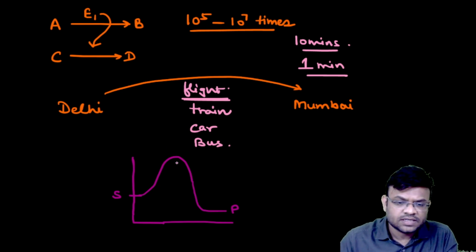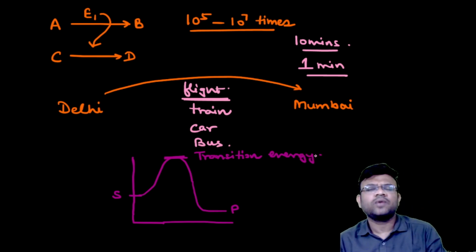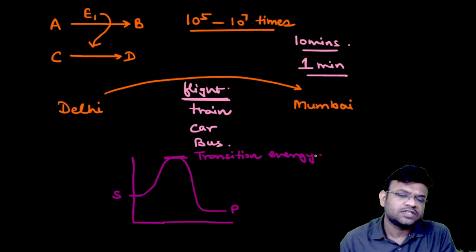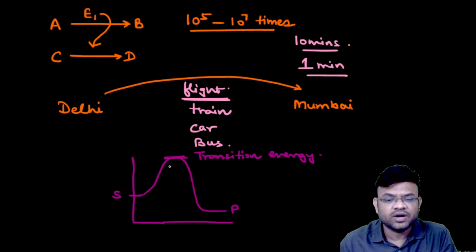Okay, and this over here is the transition energy. What do I want to say over here? I simply want to say that only those substrate molecules will be converted into product that have this much amount of energy.